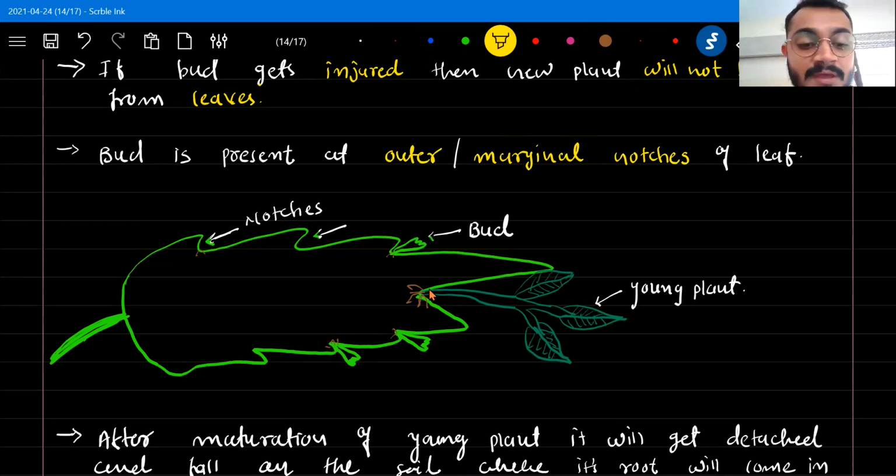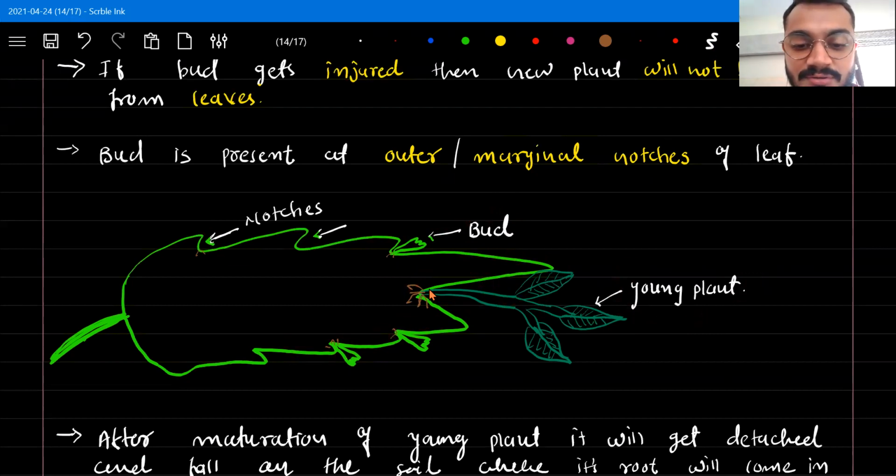Now you can see that these are the leaves, I have drawn them here. They have notches, and from that notch you can see the bud has developed. When the bud develops, it will not only form leaves, but also rhizoids, the small adventitious roots. This is how the young plant develops from the leaf.